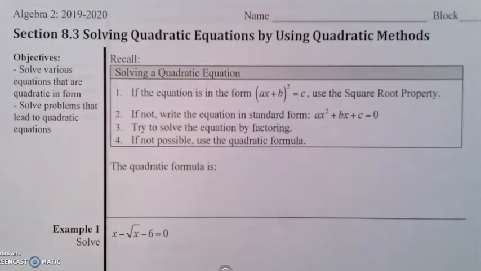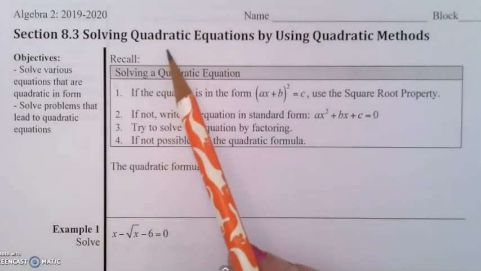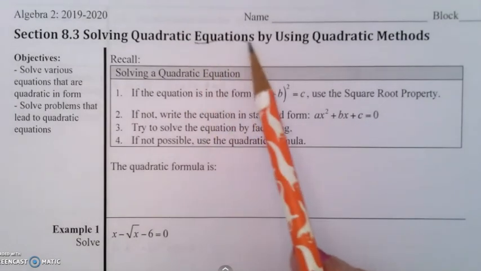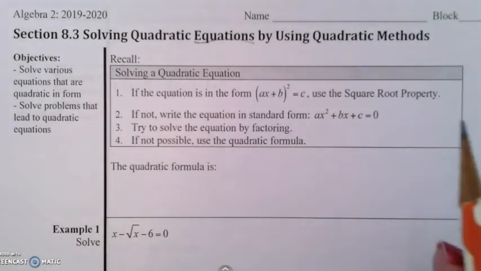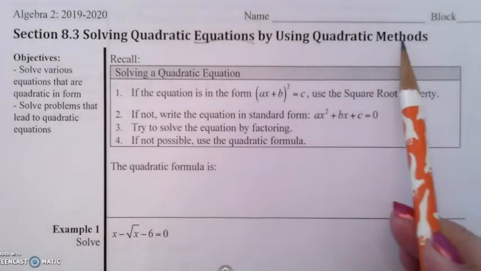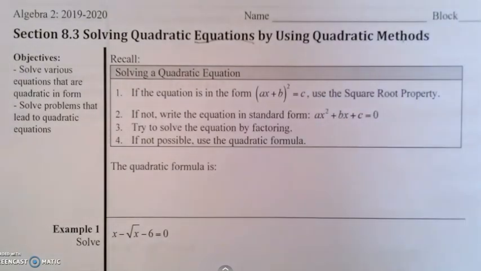Okay, so the 8.3 notes. In 8.3, we're looking at solving quadratic equations. This is different than what we've been doing so far because we might not have it already in quadratic form. And so we're using what we call quadratic methods. So that is factoring, completing the square, as well as the quadratic formula.